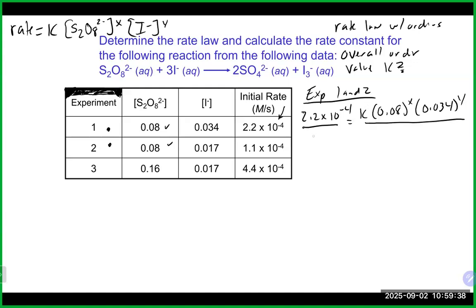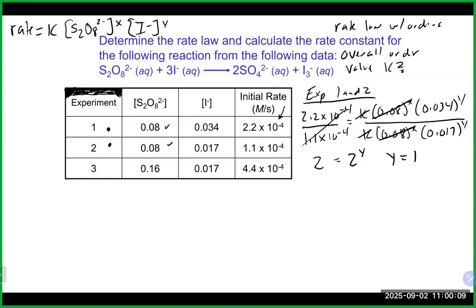Everything from experiment 2 goes on the bottom: 1.1 times 10 to the minus 4, k, 0.08 to the x, and 0.017 to the y. Once again, we do our math here, so we end up with 2. Our constants should be the same, so they should cancel. We kept these constant, so they completely cancel, and that looks like a 2 to the y. That would mean y in this case would equal 1.